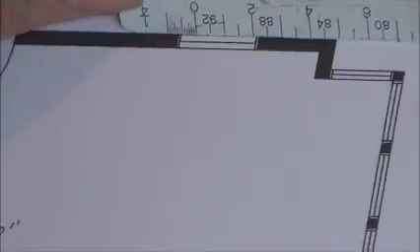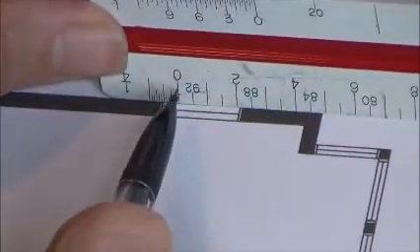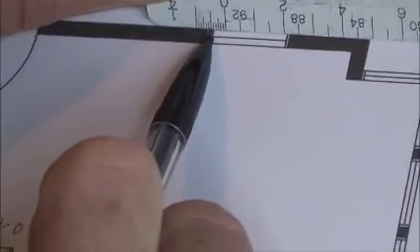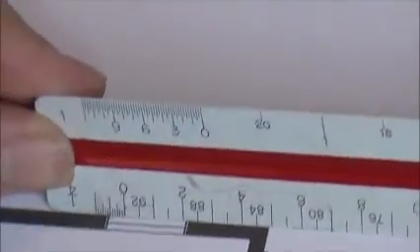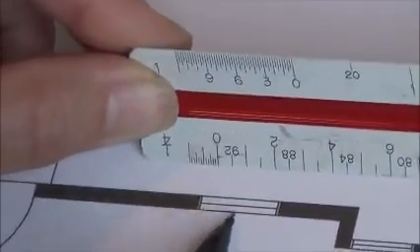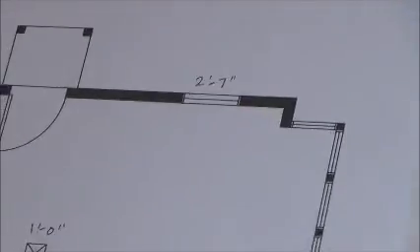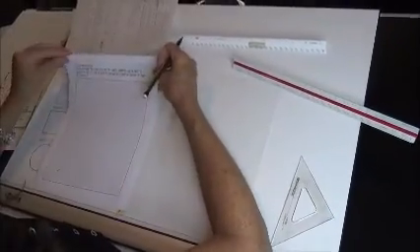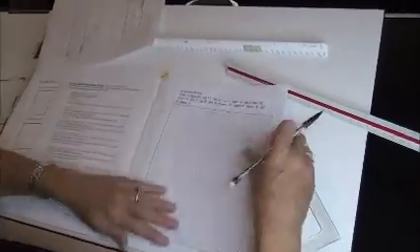Well, let's put it on here. 2, and it comes all the way to here. So that's 6, and it goes all the way to 7. This window is 2 feet 7 inches. So I hope that kind of gives you an idea of how to use the scale. Now, I put a little fun exercise to give you the concept of a scale.